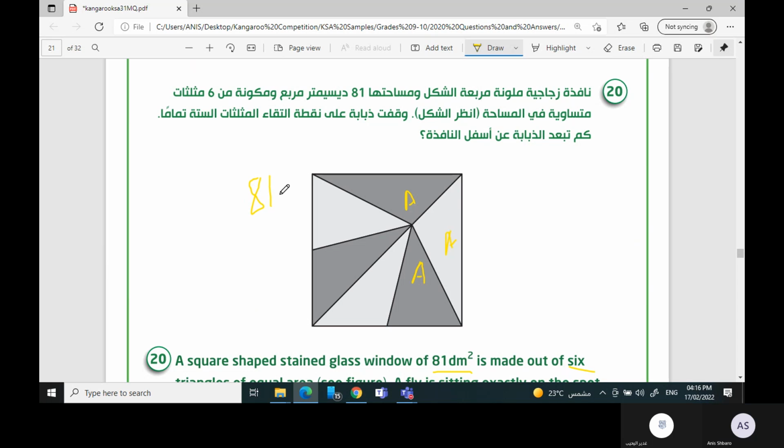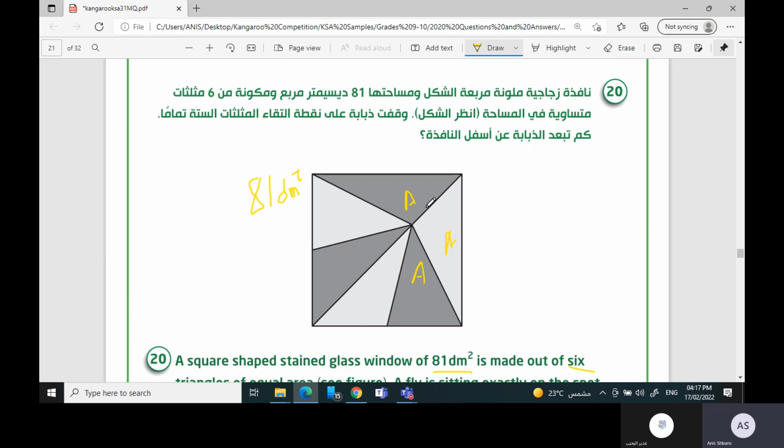Before I move on with my question, I can see a lot of givens here because I'm dealing with a square. So I know this side is equal to this side, equal to this and this. And I know that the 6 areas are equal. So of course, if one of them is called A, I have 6A equals 81.